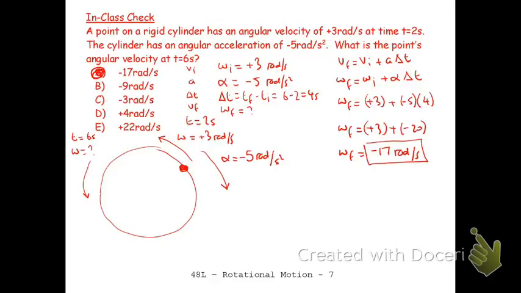Minus 17 means that I'm going in the opposite direction. So I was going in a counterclockwise direction, but slowing down. And then I stopped, and then I started going in a clockwise direction, and that's where I am.